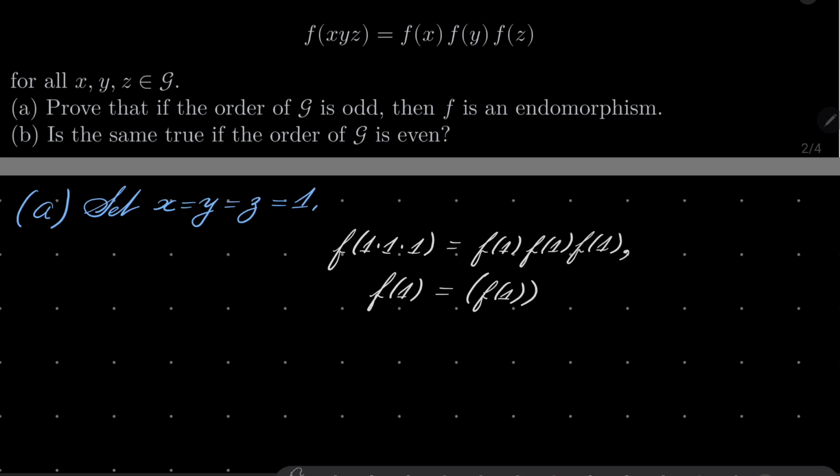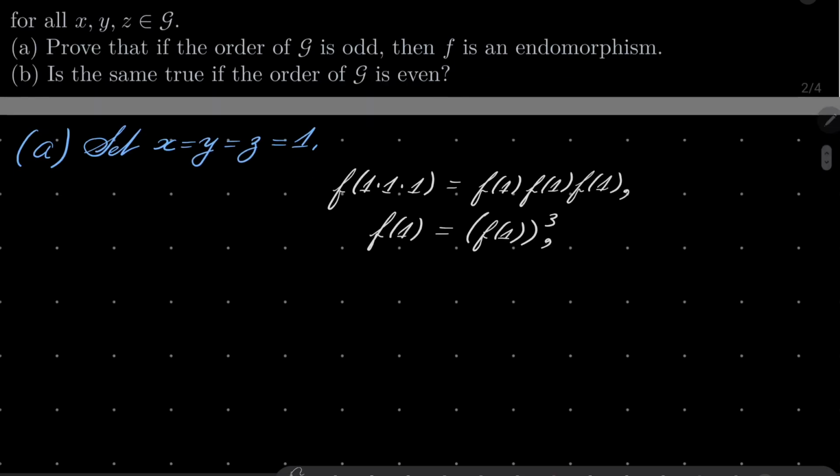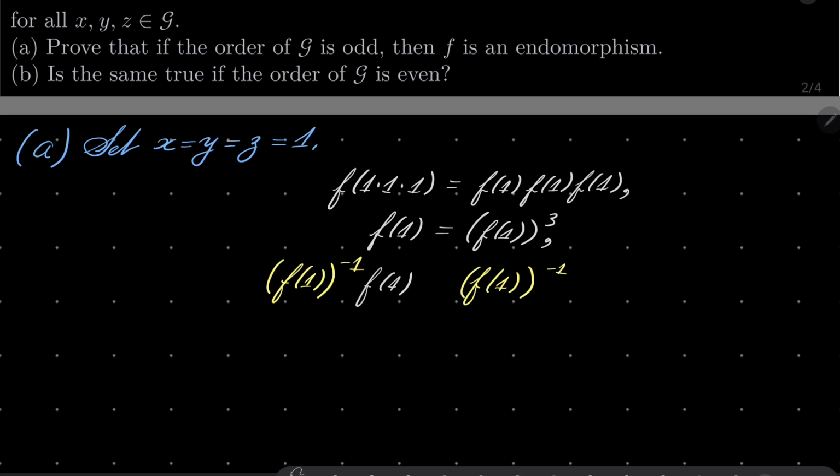Alright, since this is true, I can invert f(1) on both sides. I can multiply on both sides by f(1) inverse, because we are dealing with groups and every element has its inverse. And what do we have? Well, on the left hand side we have 1.